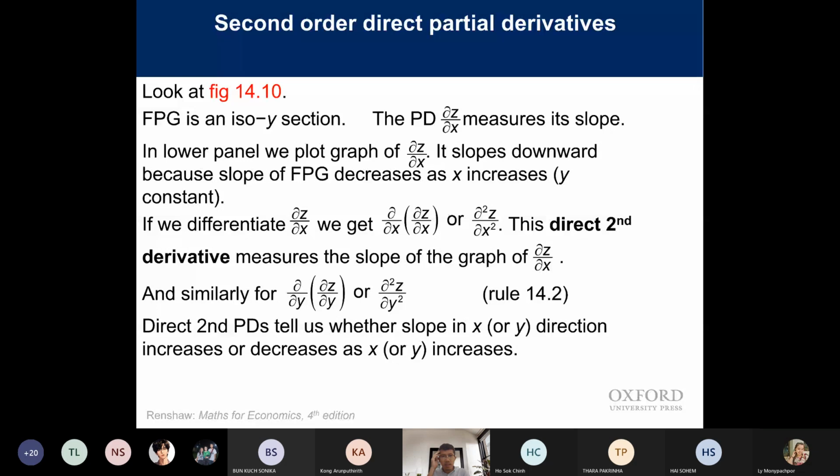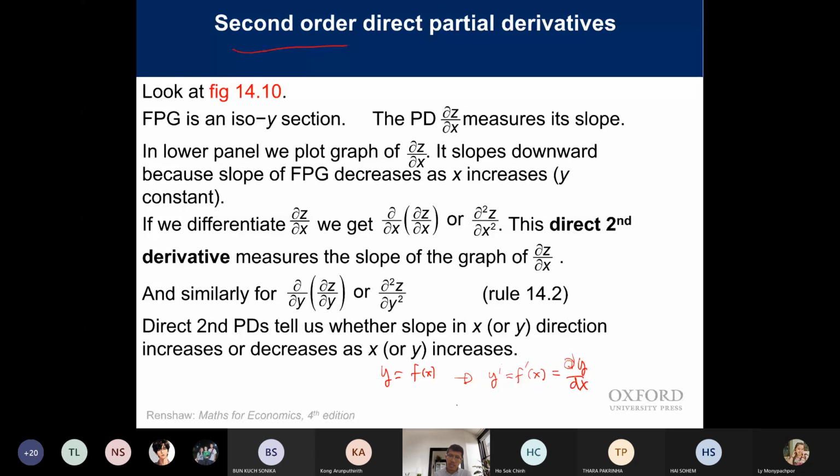Then we also think of the second order partial derivative. Like with a one variable function, let's say you have y equals f of x, the first derivative is defined as y prime, or f prime, or dy over dx, right?